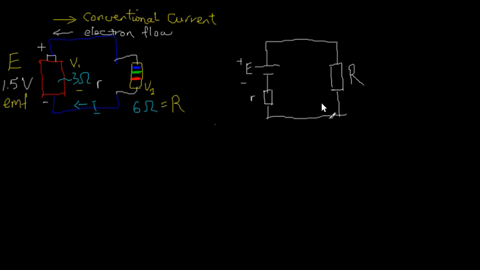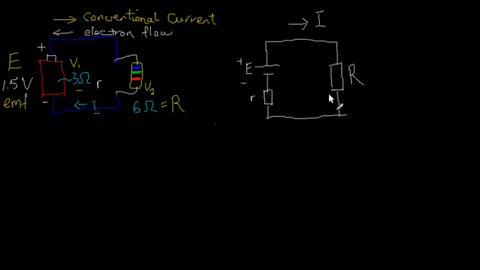And the next thing I like to do is this. I want to calculate the current I, the conventional current, given the EMF and the resistances. Now we can go through Ohm's law and all that, but it's easier if we have a single formula for that purpose.